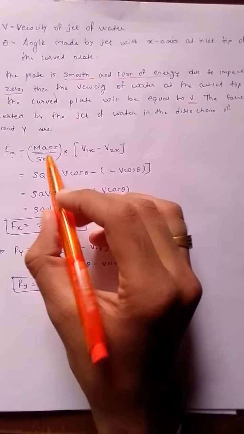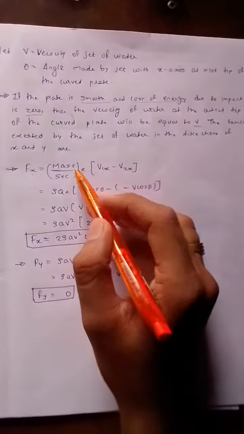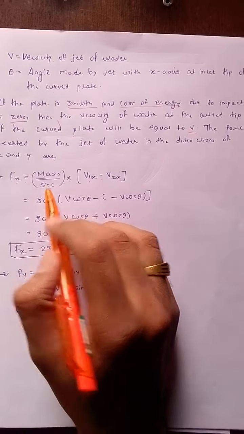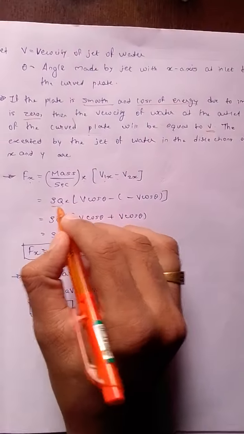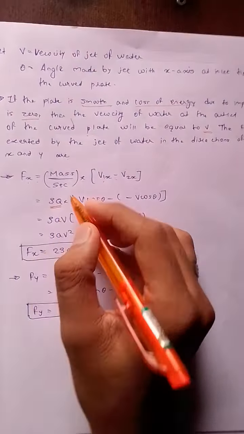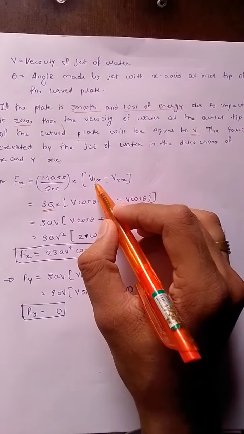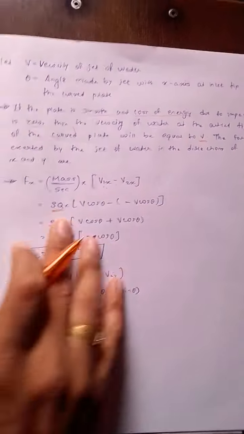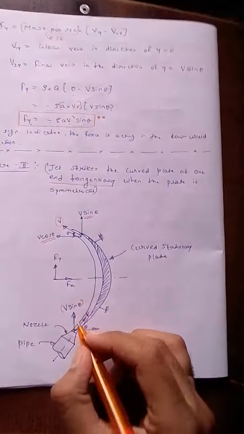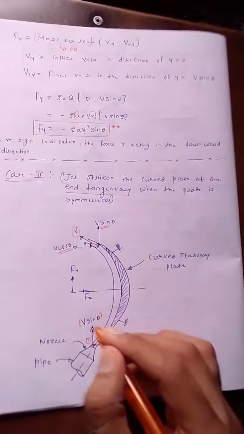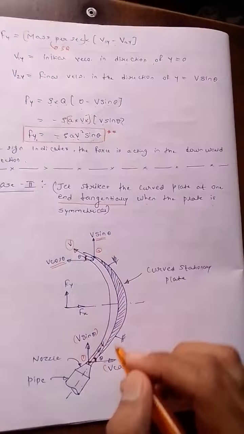Okay? So as we know, mass per second will be given as rho into Q, as we have done in the previous derivation. So v1x means what? Velocity at the starting point in x direction. Suppose this is the first point and this is the second.